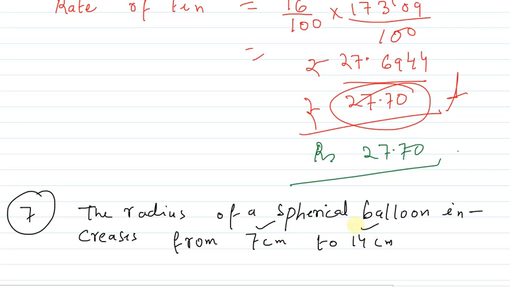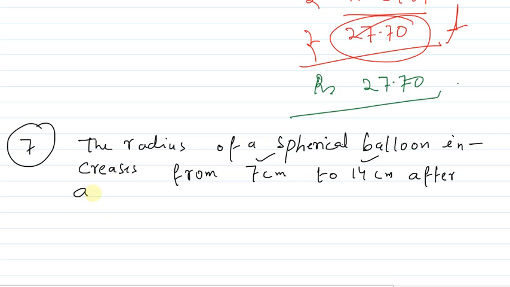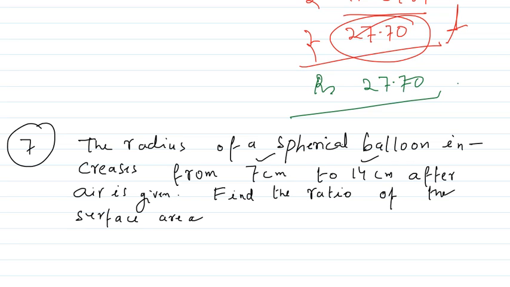It was 7, and after air is given, it becomes 14. So we have to find the ratio.